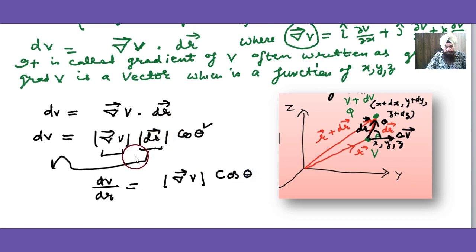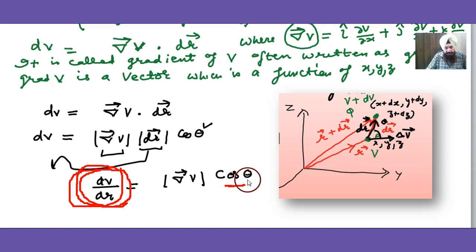So we write dV over dr as the magnitude of gradient V times cos theta. If theta equals 0, then cos 0 is 1, theta 0 means cos 0 is 1. Then this value will be maximum. This value varies because of cos theta, and its value depends upon cos theta.